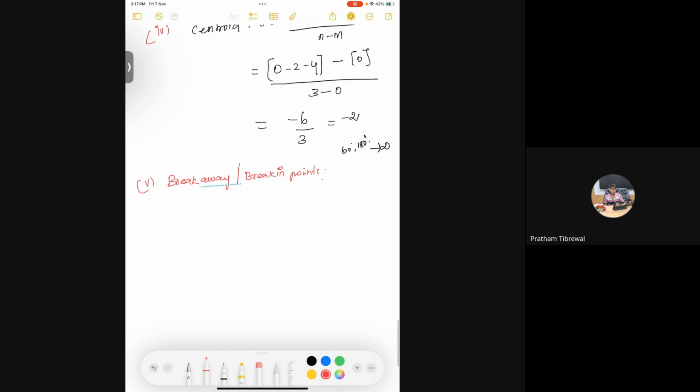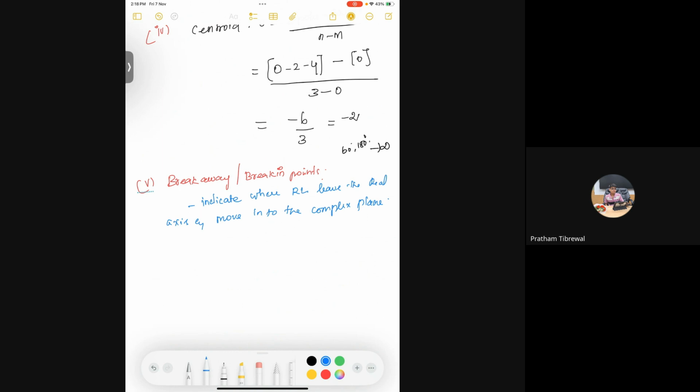This breakaway or break-in will tell you where your root locus will leave the real axis and move into the complex plane. Calculating this breakaway or break-in point will tell you that point.